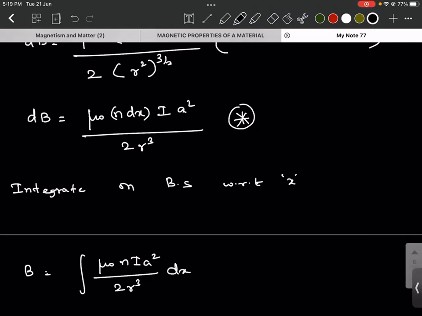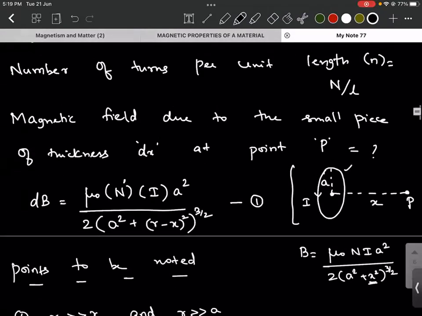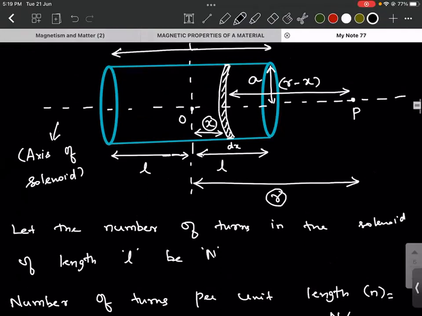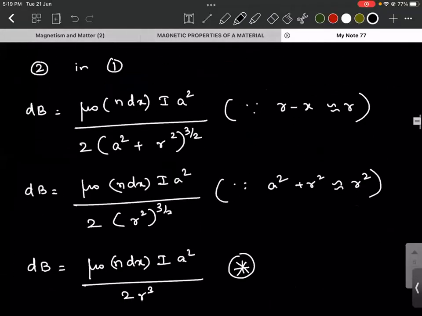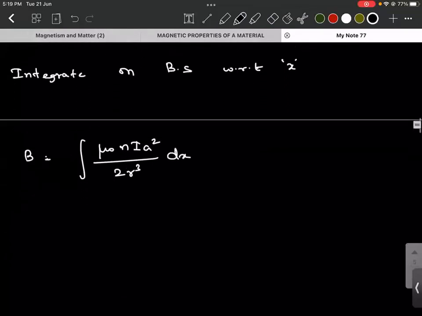But where is the value of x varying from? If I take this to be the origin, it varies from minus L to plus L, so the limits will be minus L to plus L.